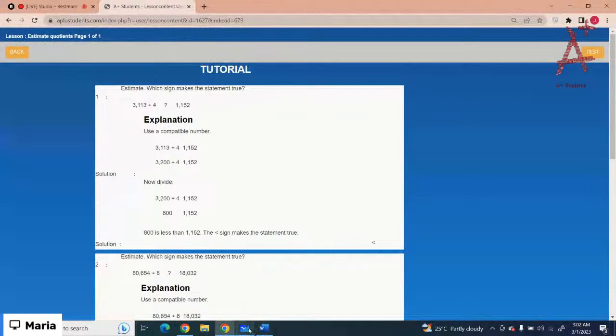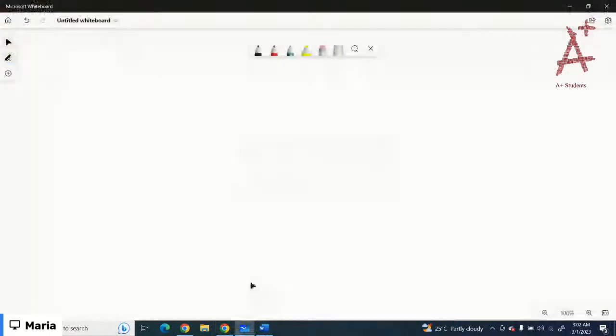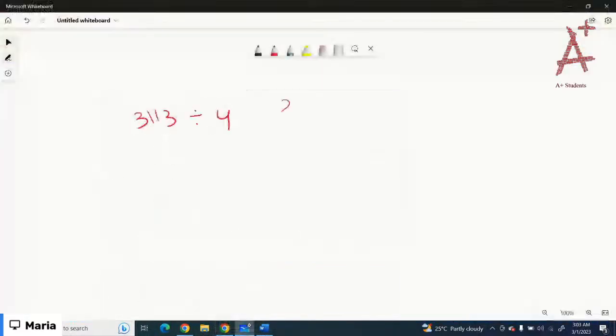Let me just write it down on the board: 3113 divided by 4, the missing sign, 1152. First we have to estimate. Here you have 3113, 31. 4 times 8 is 32.